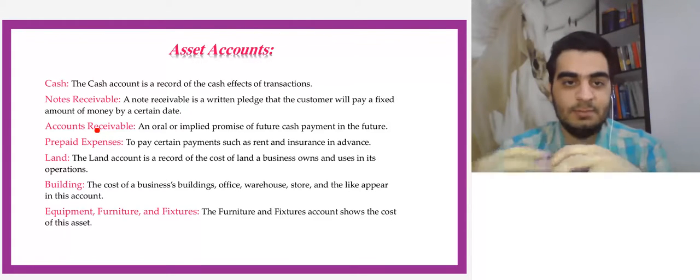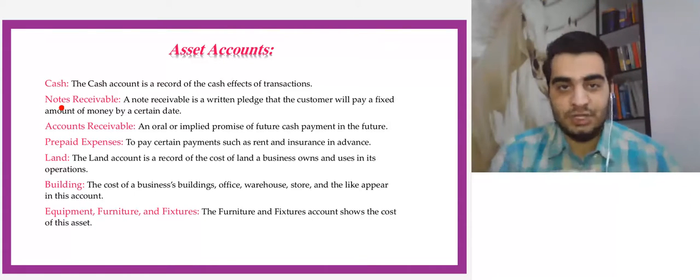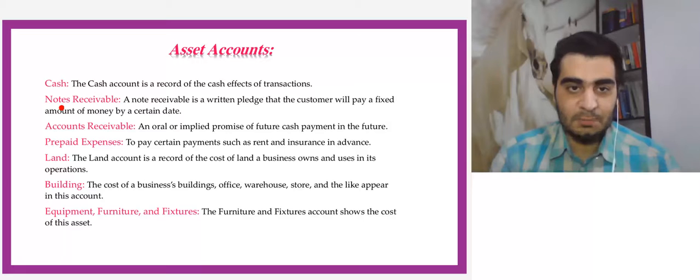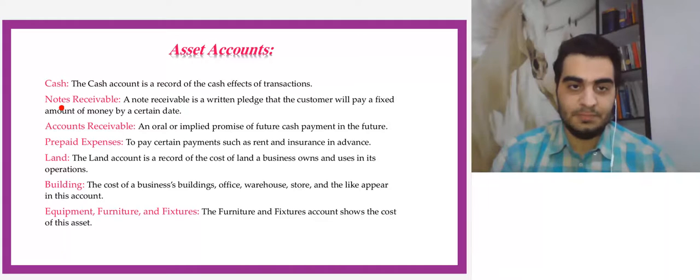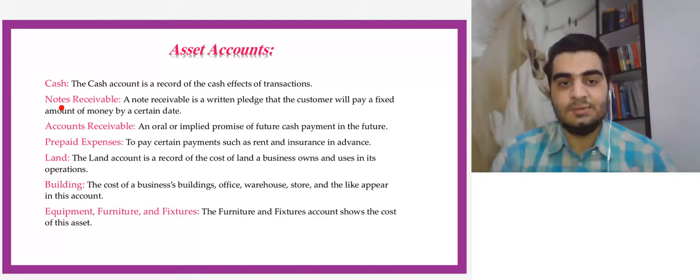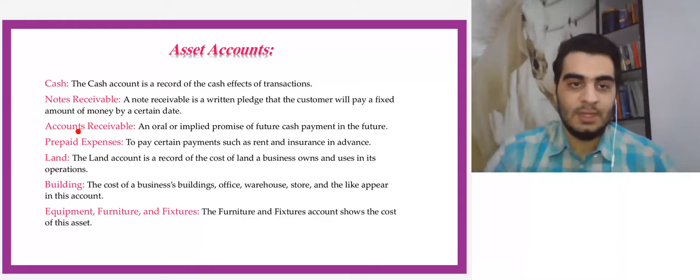But for the first part, notes and accounts: notes receivable is a written pledge, a written promise that our customer will pay us a fixed amount of money by a certain date in the future. Accounts receivable is just an oral or implied promise of future payments. So you can say that it's less reliable because it's just an implied, oral promise.